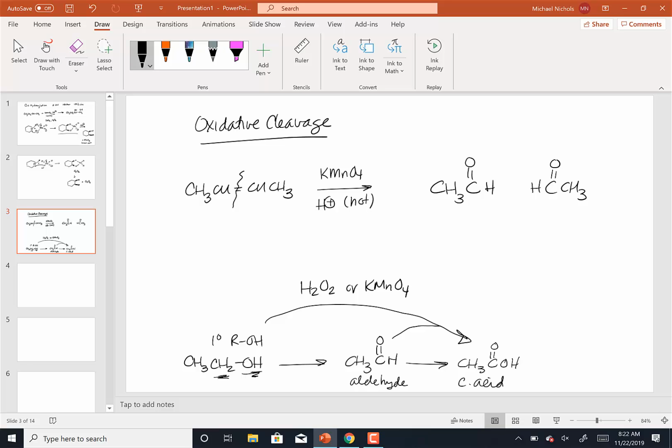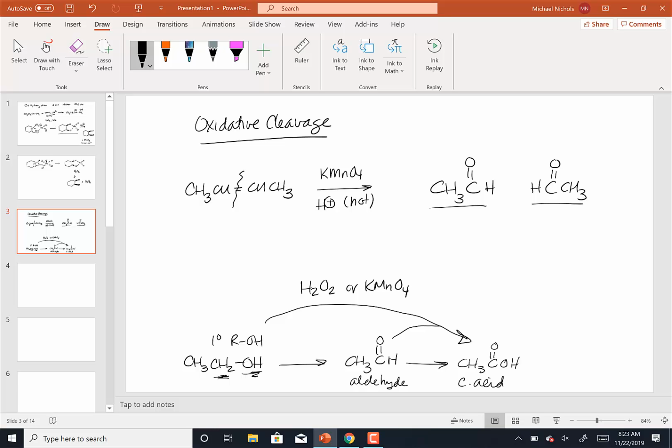And that oxidation scheme is something that we need to know because when I do my cleavage, in this case, I cleave that molecule to form two aldehydes. Those aldehydes are going to be present in KMnO4. Those aldehydes are not going to stay as aldehydes because aldehydes get oxidized to a carboxylic acid under KMnO4 conditions.